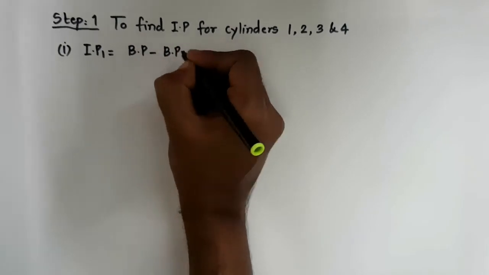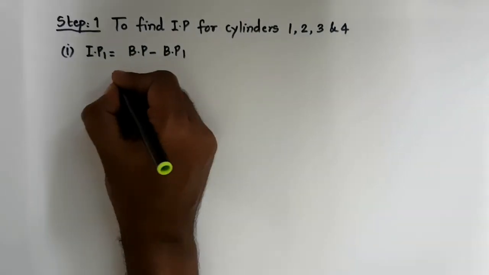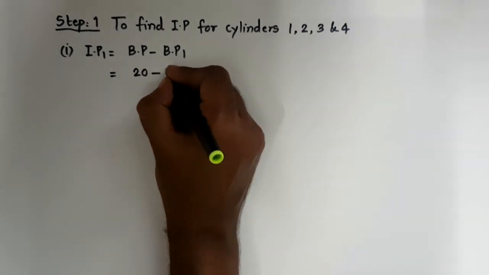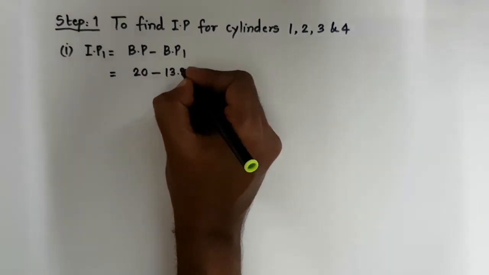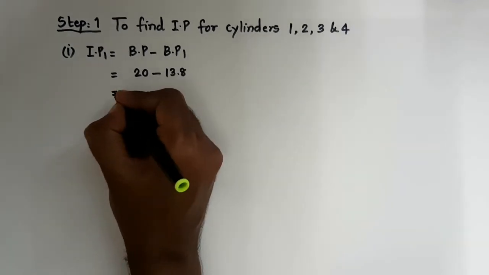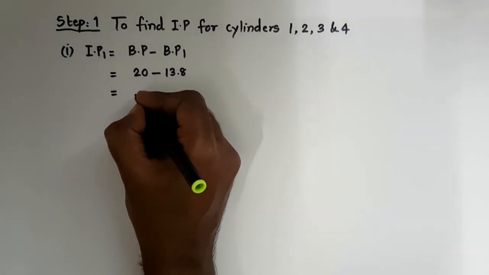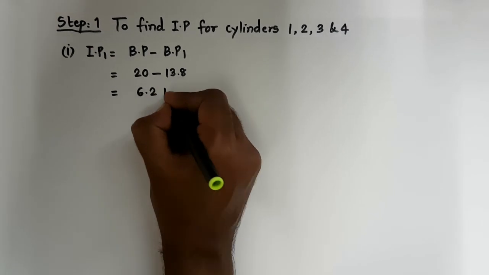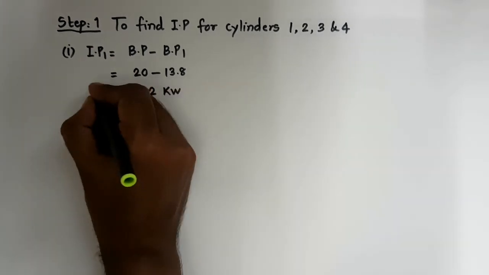So here the total BP given is 20 kilowatt, BP1 is 13.8 kilowatt. So IP1 is equal to 6.2 kilowatt. This is the value of IP1.